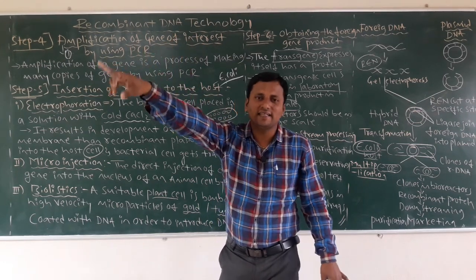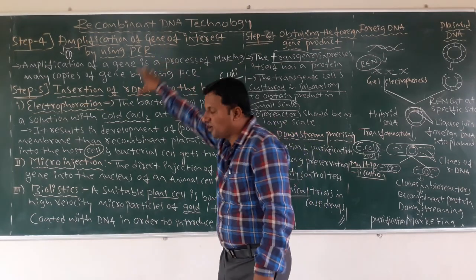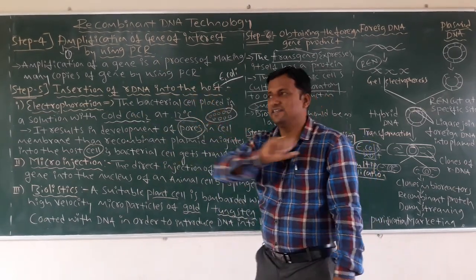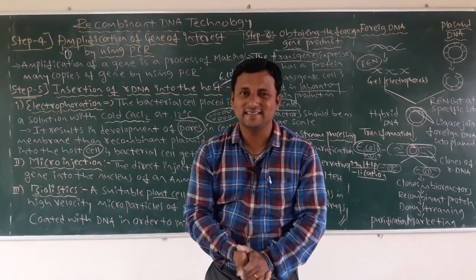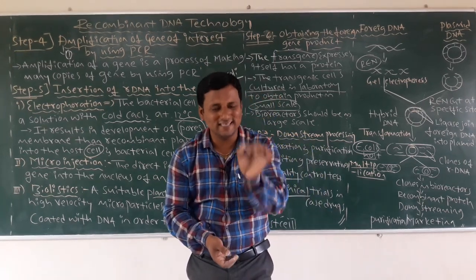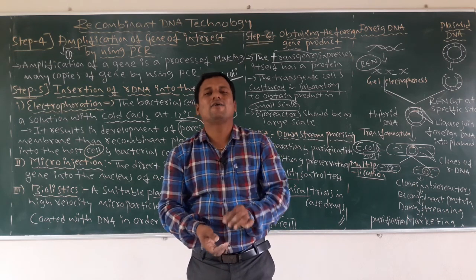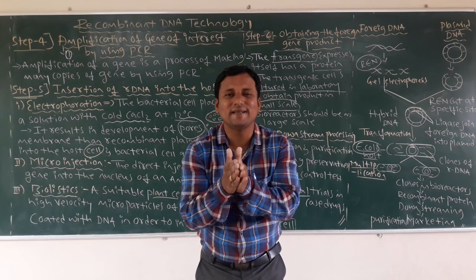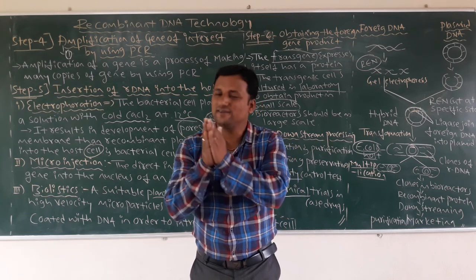If you make something like BT cotton, you must follow these seven steps. Then only it is released into the market. So this is the complete concept of the process of genetic engineering or recombinant DNA technology.